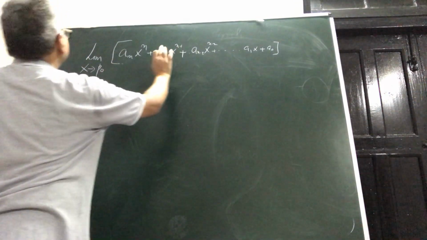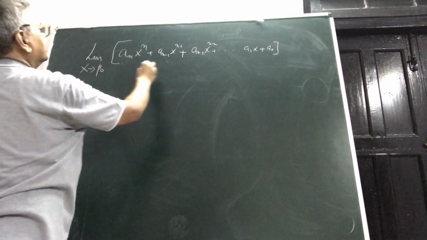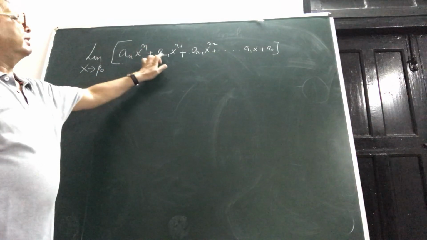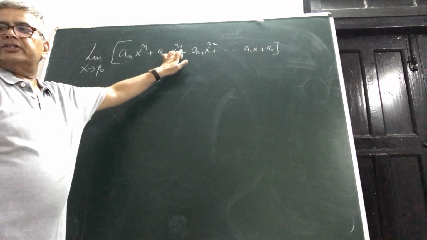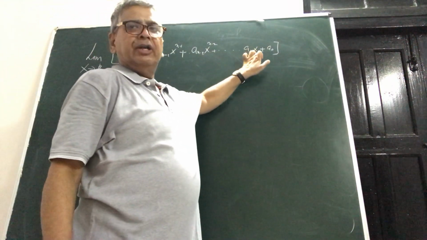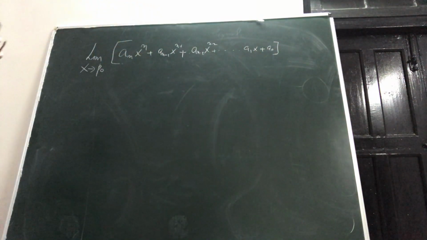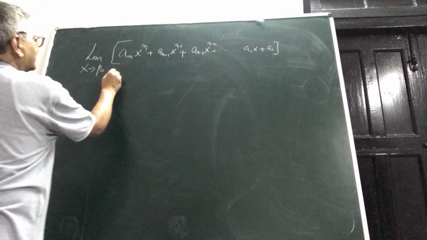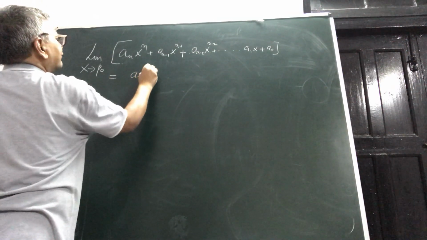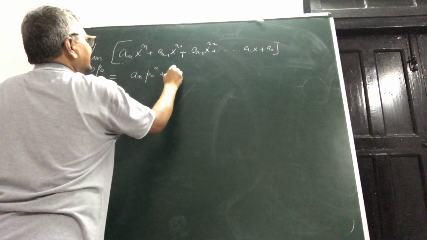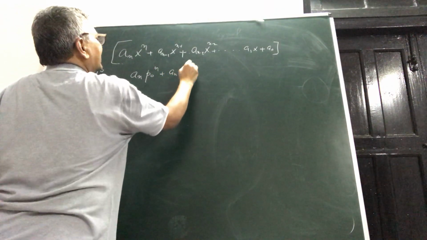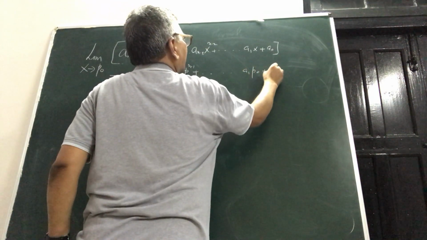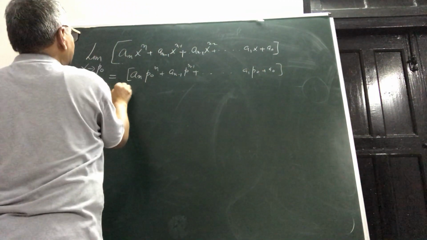And what will be its functional value? It will be a_n p naught raised to power n plus a_(n-1) p naught raised to power n-1 plus ... plus a1 p naught plus a naught.